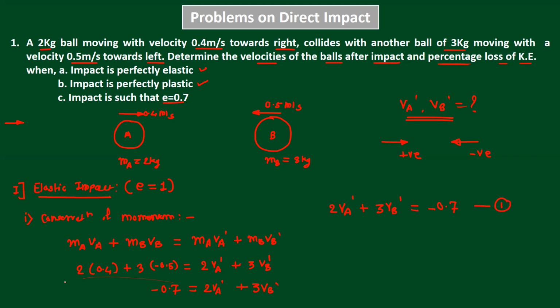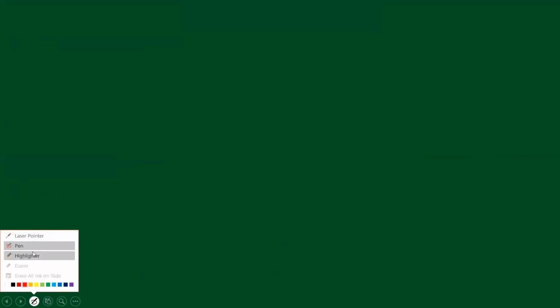Now we will use the second equation, which is the coefficient of restitution. E is equal to VA dash minus VB dash upon VB minus VA.